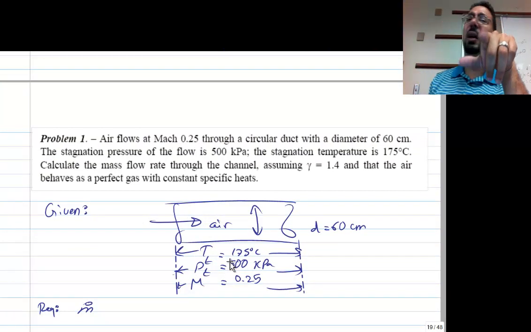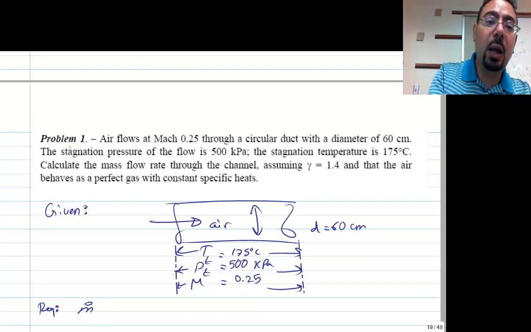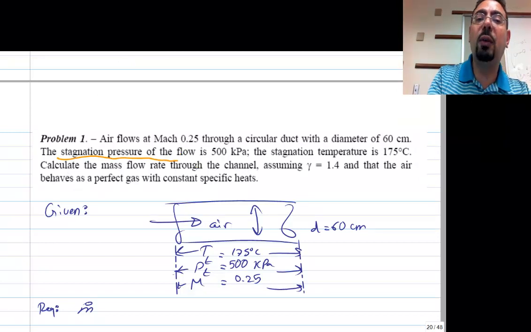This is basically on understanding what is stagnation and what is static, the difference between them. So it says airflow at Mach 0.25 through a pipe with 6 centimeter diameter. Those are the stagnation pressure and temperature of the flow, right?